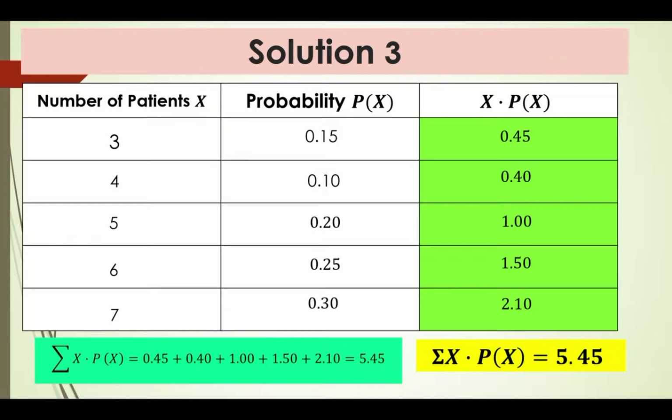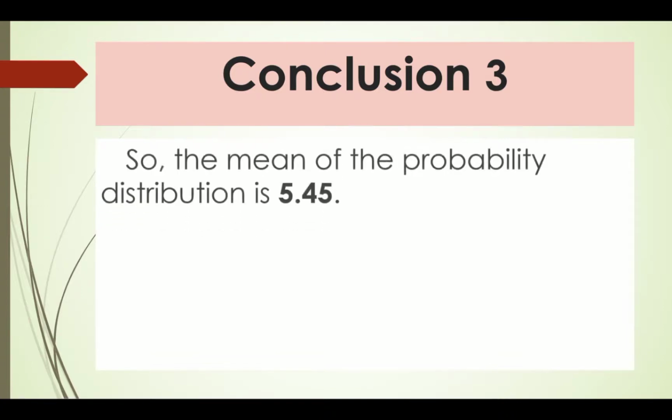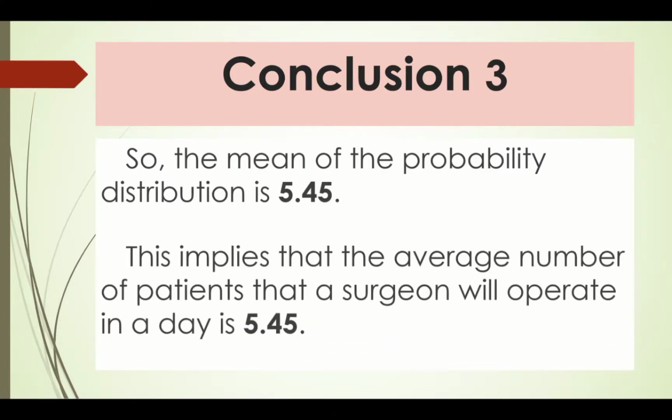So that is the mean of our third example. Our conclusion in our third example is that the mean of the probability distribution is 5.45, which implies that the average number of patients that a surgeon will operate on in a day is 5.45.